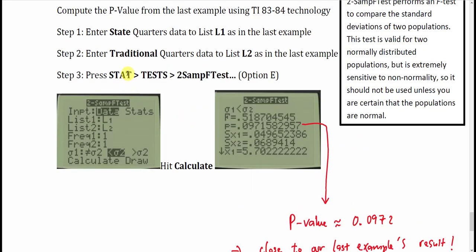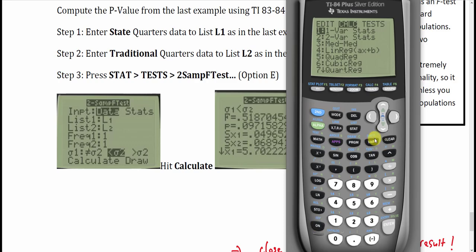And then you go to the STAT TESTS. So make sure you go to STAT and go to TESTS, and then pick the 2-sample F test. We have 2 samples, so we go to 2-sample. This is Z, this is T, and the 2-SampFTest is right here, option D.